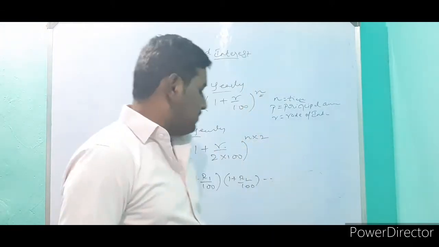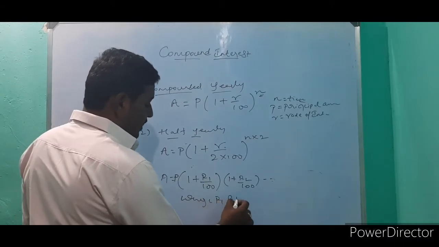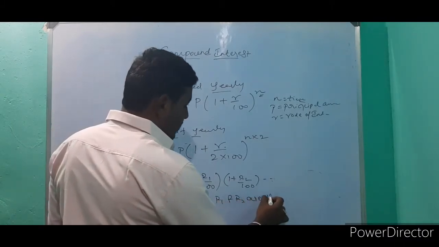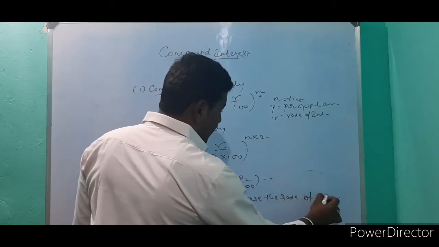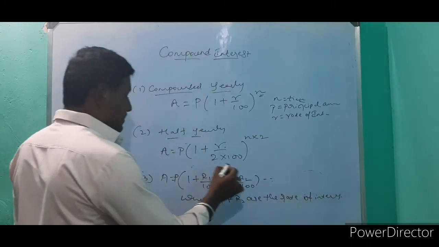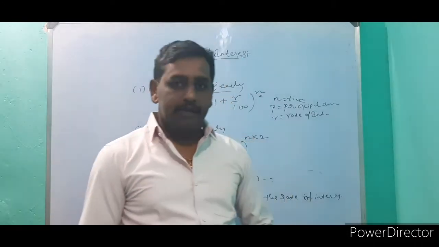Where R1 and R2 are the rates of interest for the first year and second year. If R3 is there, that is the rate of interest for the third year.